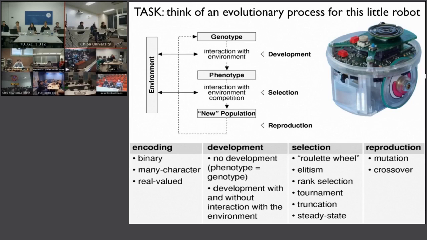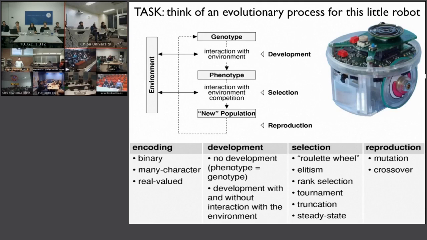For the development, in this case, depending on the goal of the robot, for example, if we want the robot to reach some point specifically, we can use as fitness value the distance from the goal. In the case that we cannot have that distance in real time, let's say we can only get the final output, it could be the inverse of the time that the robot took to go to the goal.